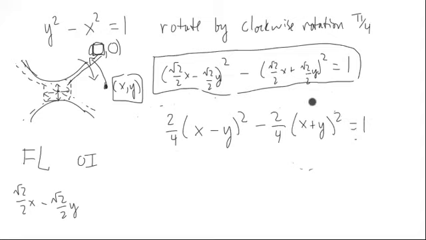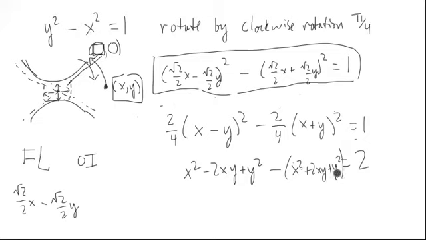If I multiply both sides by 2, I end up getting 2 is equal to, and then I can square this, x squared minus 2xy plus y squared, and then I get minus quantity x squared plus 2xy plus y squared. Okay. Next, notice that the x squareds cancel, the negative there, and the y squareds cancel.